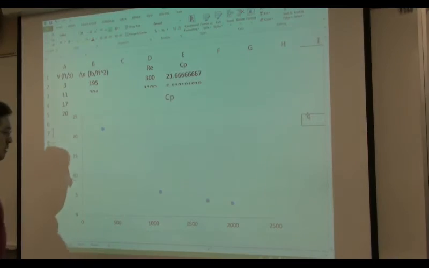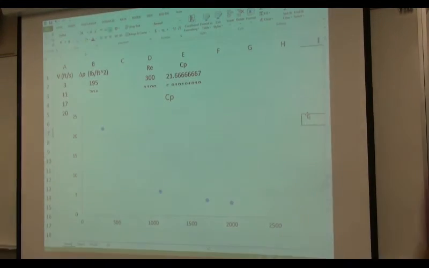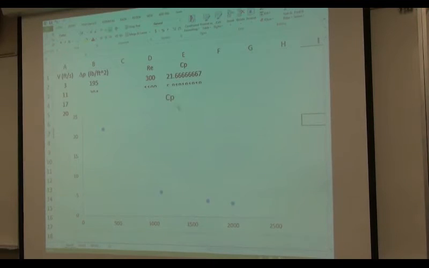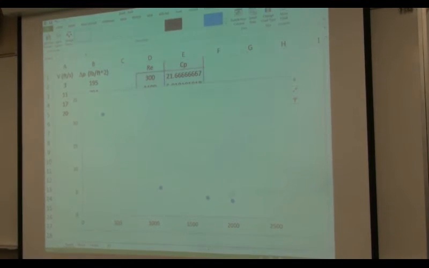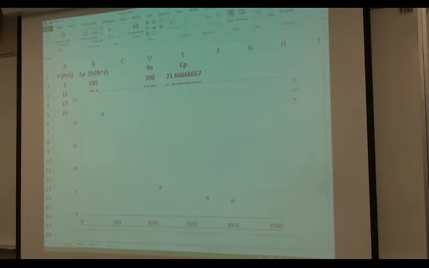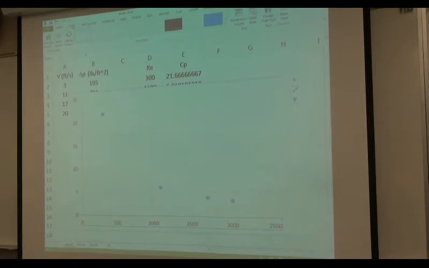So it looks like this is the Cp. We'll use that label. I don't need the title, so I'm going to remove the title. Let's insert axis titles.